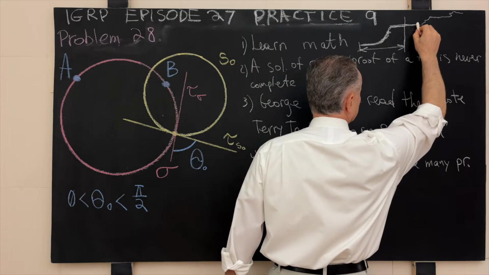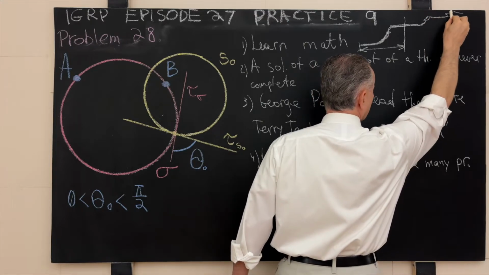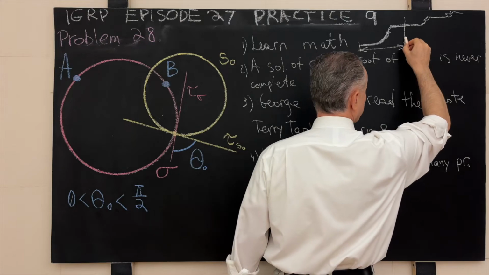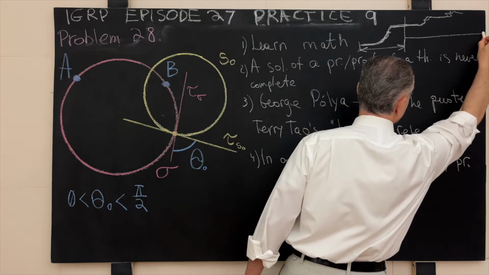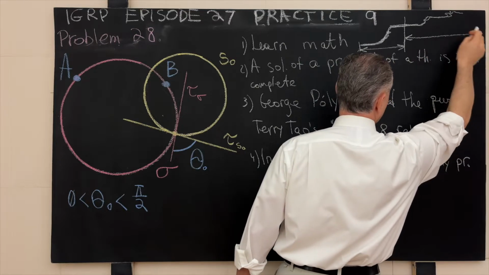Run along the plateau, climb up, plateau, climb up, plateau, climb up, and so on. So the real learning of mathematics happens exactly over here, and that area stretches over many, many years.